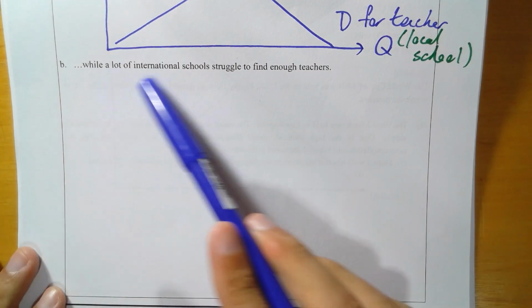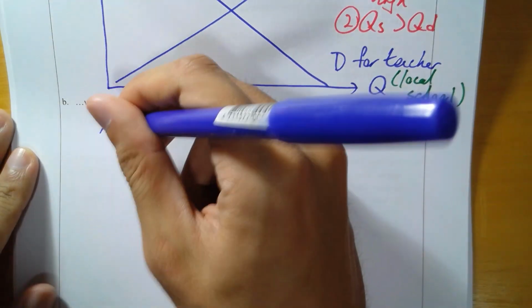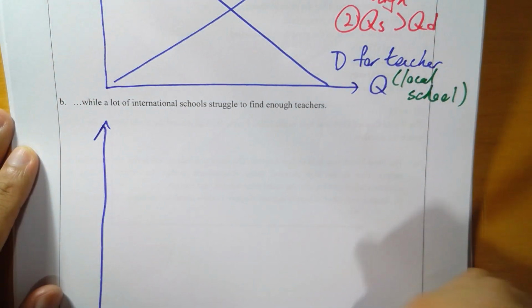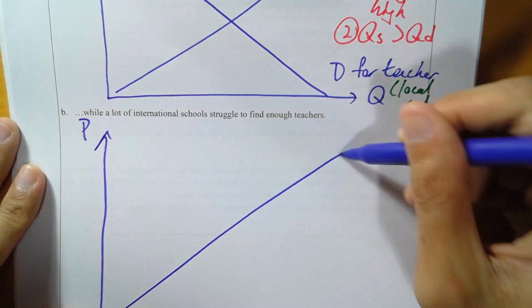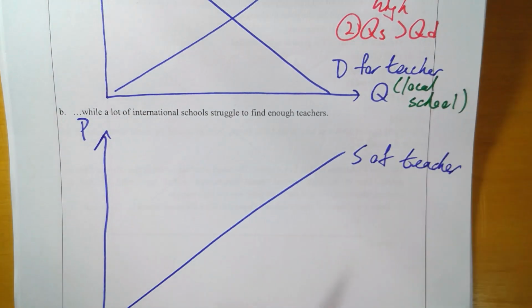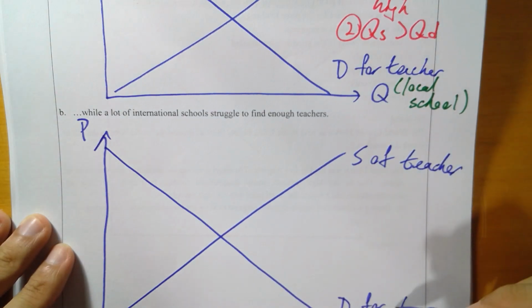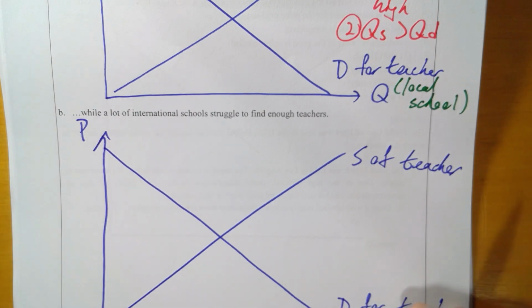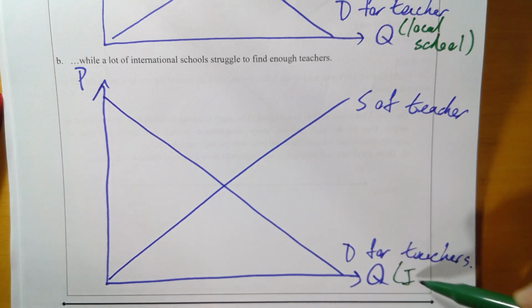Now, let's do a similar one. A lot of international schools struggle to find enough teachers. Now, let's see. 揾唔到喎，佢話啦，揾唔夠人喎。Right? Again, supply of teachers, and we also have demand for teachers. 哇！我寫緊啲咩？Okay, 好啦，they are saying the schools, these are the international schools, right?